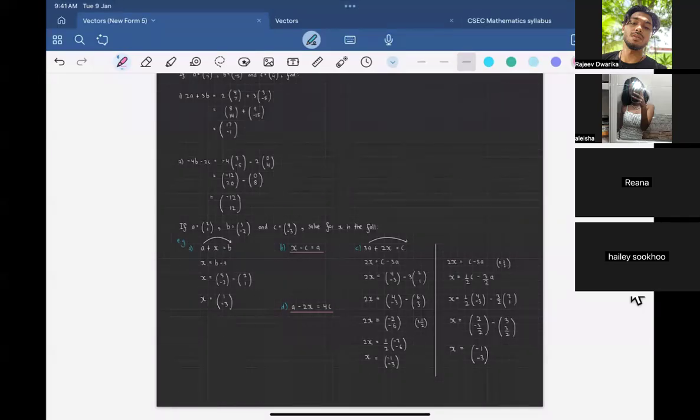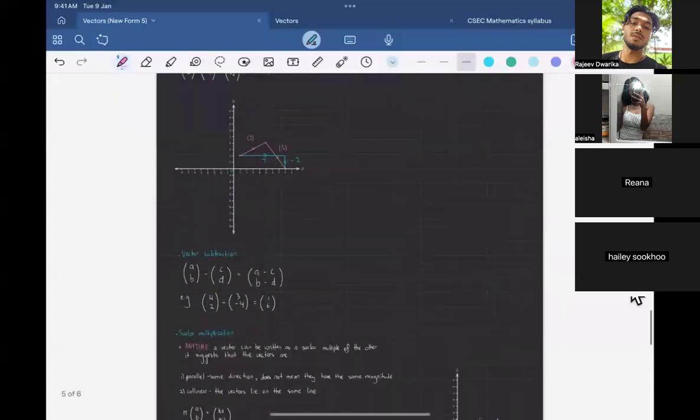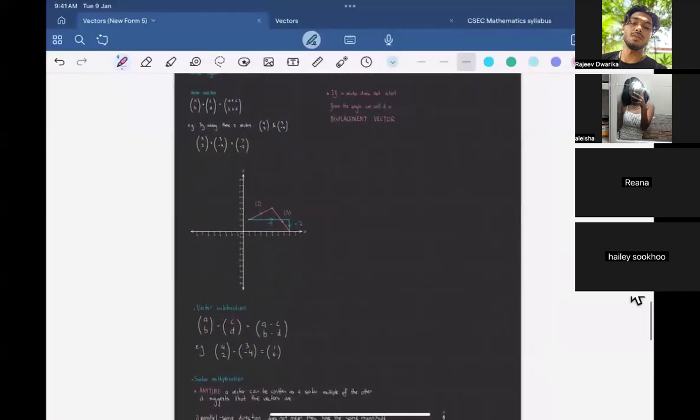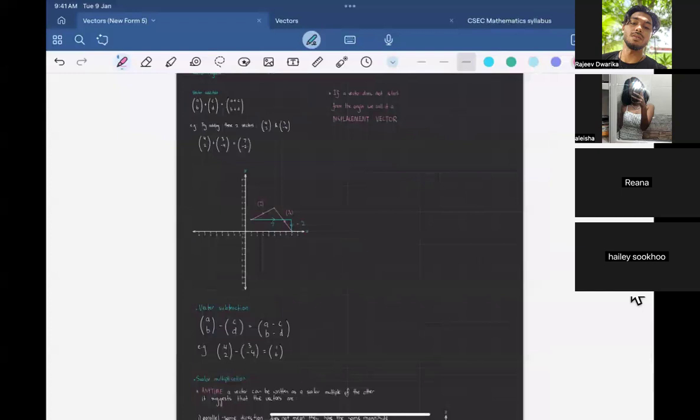Why do you multiply by a half? Because you don't see vector division anyway. So you can't put the vector over 2. You have to write the division as a multiplication.